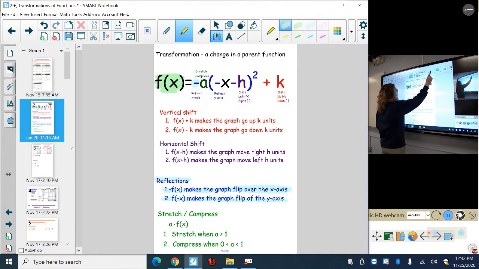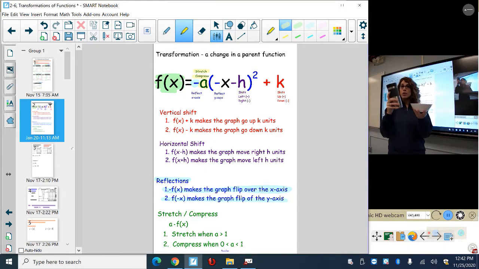Okay? Then we have the a value, which is responsible for the stretch and compress. The stretch and compress is whenever I was talking about our travel mug versus our cereal bowl. Remember, a stretch is whenever you stretched out the coffee mug and made it into a travel mug to put into your coffee holder in your vehicle, okay?